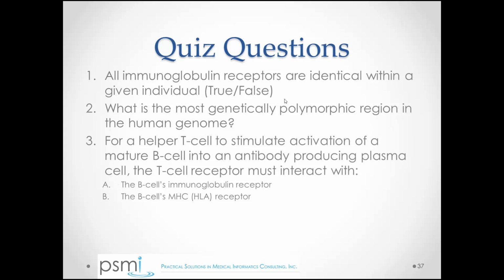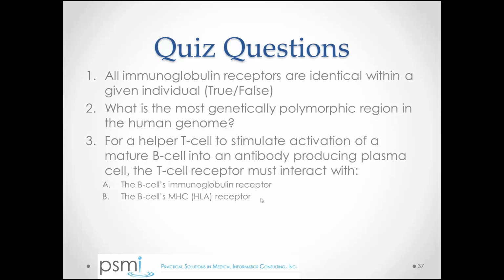Okay. What is the most genetically polymorphic region in the human genome? HLA. Very good. Chromosome 6, the major histocompatibility region. For a helper T cell to stimulate activation of a mature B cell into an antibody-producing plasma cell, the T cell receptor must interact with the B cell's immunoglobulin receptor or the B cell's HLA receptor?